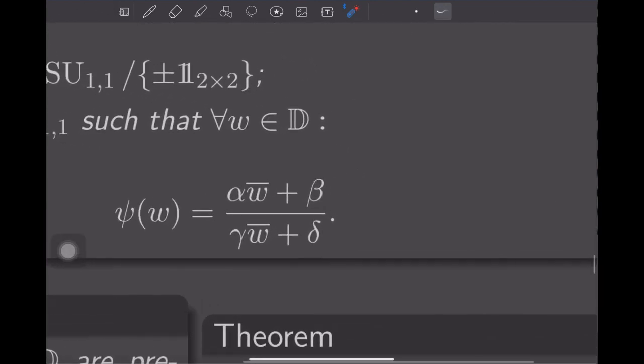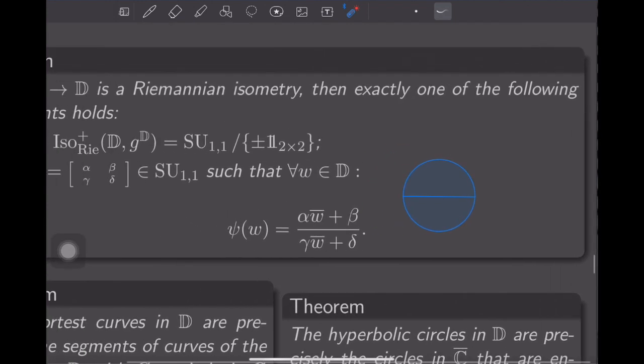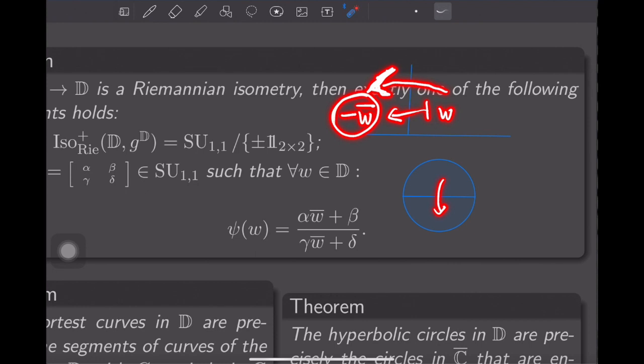And you see here there is no minus sign accompanying this W conjugate, but the point is that if I draw the Poincare disk, conjugation is reflection through this horizontal Euclidean line, and that horizontal Euclidean line corresponds precisely to the positive part of the imaginary axis, and so reflection here corresponds to reflection here. This one is really given as W goes to minus W conjugate. But so that is why here there is a minus sign, but here there is none.